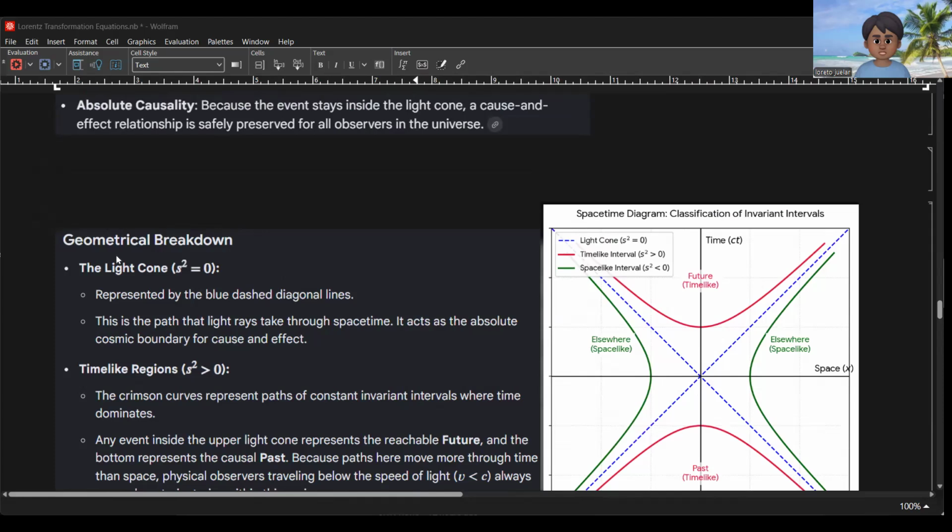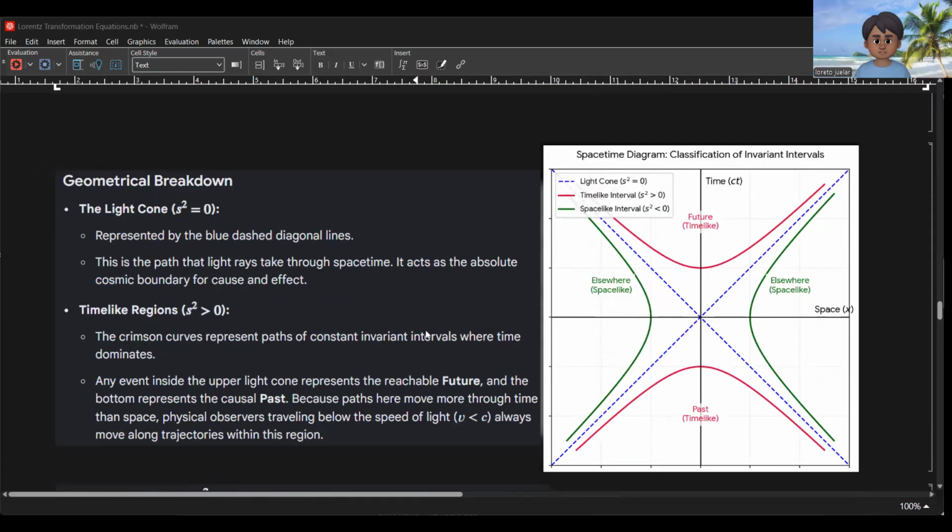Now the geometrical interpretation. The light cone, where s squared is equal to zero, is represented by the blue dashed diagonal lines. This is the path that light rays take through spacetime. It acts as the absolute cosmic boundary for cause and effect.